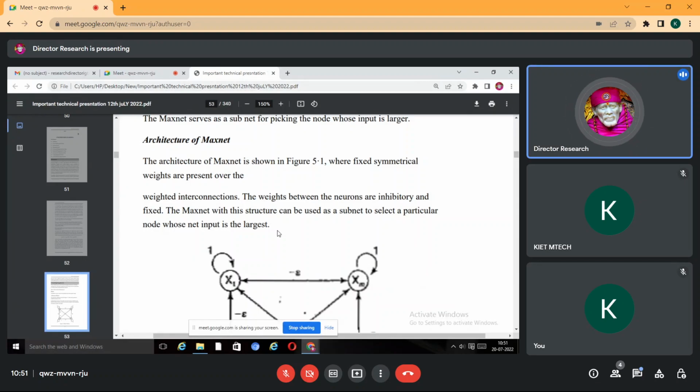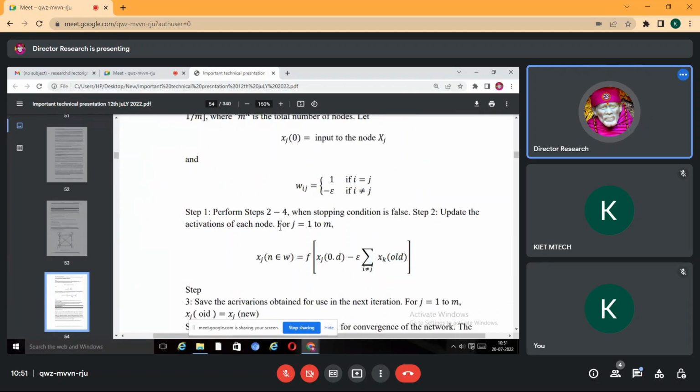The weights between the neurons are inhibitory and fixed. The MaxNet structure can be used as a subnet to select a particular node whose net input is largest.